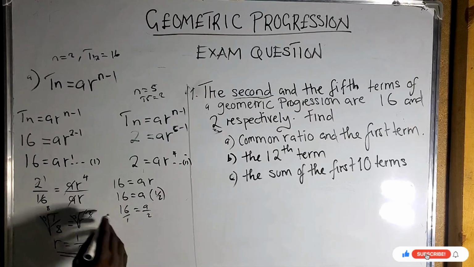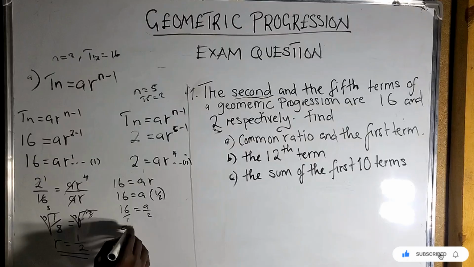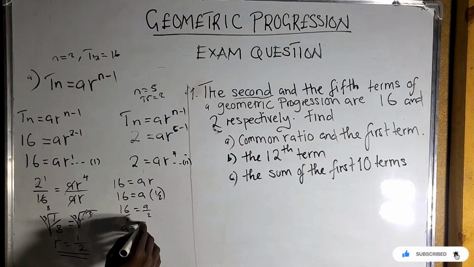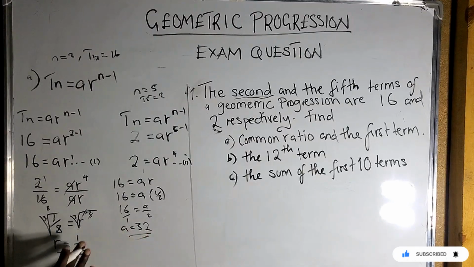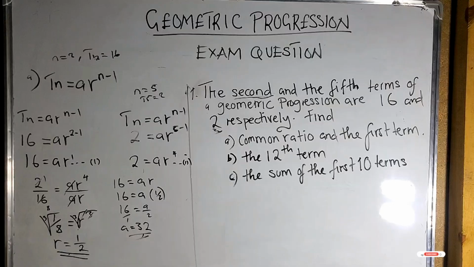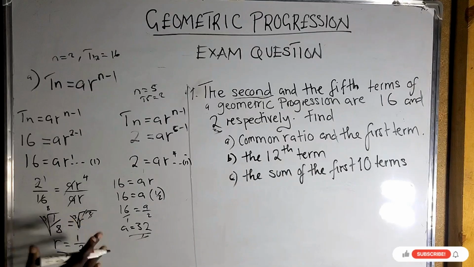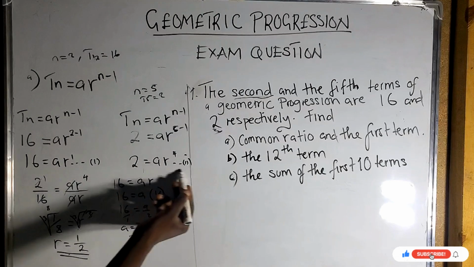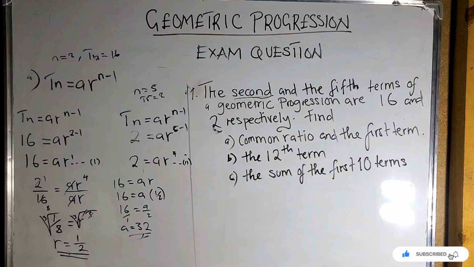Then you cross multiply. This will give us a as 16 times 2, which is 32. So this is the common ratio, and this is the value of a. We have found the value of a and the common ratio. You can still prove that this answer is correct by using the second equation, and you are still going to get 32.